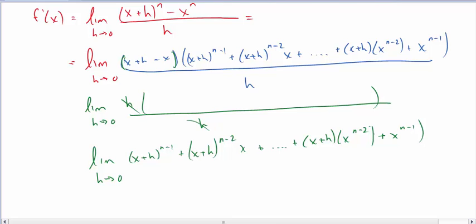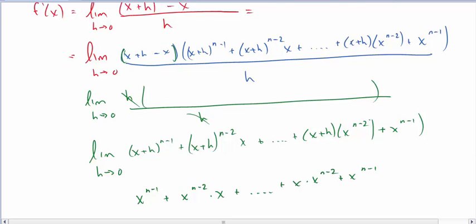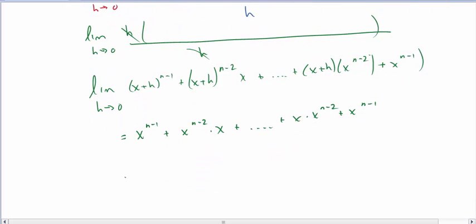We've gotten rid of that dividing by h thing that causes problems. So as h goes to 0, we have x^(n-1) plus x^(n-2) times x plus and so on, plus x times x^(n-2) plus x^(n-1). And all of these terms are x^(n-1). But the question becomes, how many?